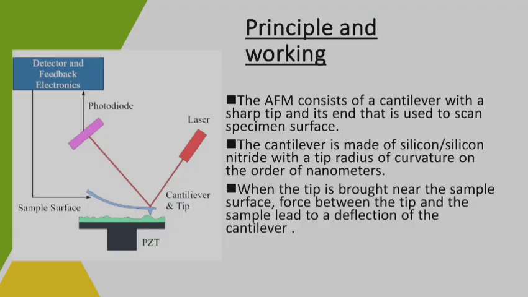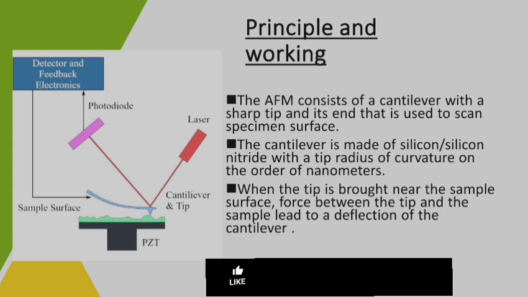Coming to the principle and working of the atomic force microscope, here you can see the sample table. The sample is represented in the green color, and you can see a small needle-like structure called the cantilever, and the sharp tip you can see is said to be the cantilever tip.